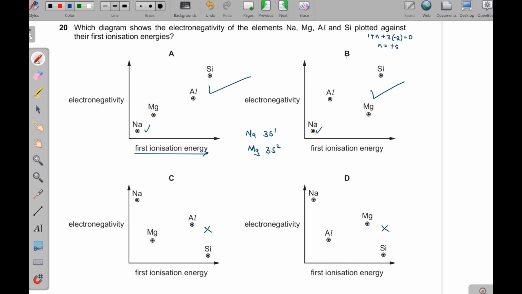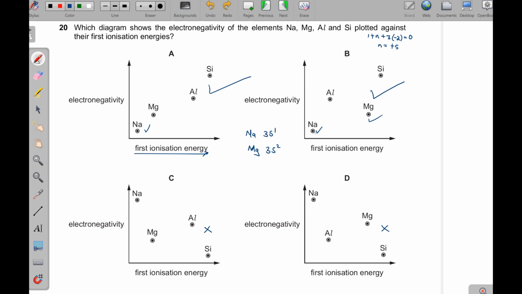Now this one has a higher first ionization energy. Remember, the electrons are added to the same shell, but now this one has a stronger nuclear charge and nuclear attraction. So we expect its ionization energy to be higher than that of sodium. And we can see that it is on the right of sodium, and also here it is on the right of sodium. So both can be okay.